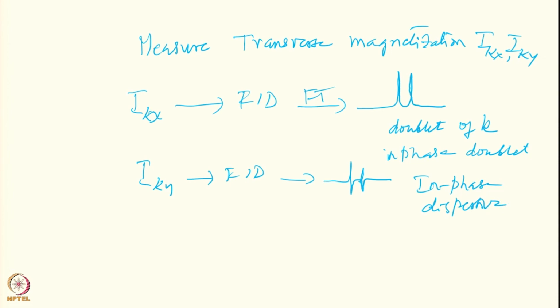If I choose IKX to produce this absorptive phase, then IKY will produce dispersive in phase and vice versa. Suppose I put the detector along the y axis and I measure the y magnetization, I get absorptive signals for the IKY magnetization and IKX will give me dispersive signal. So these are interchangeable.